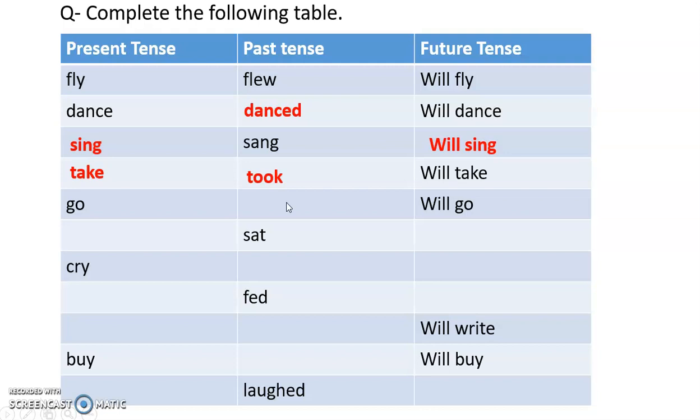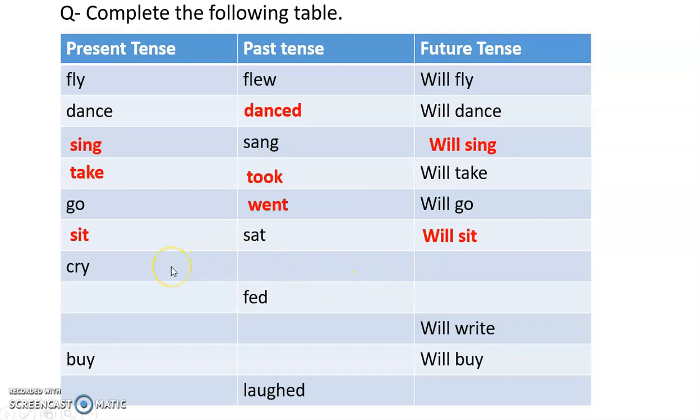Yes, very good. The past tense is went. Go, went, will go. Next, present tense not given, past tense is sat. So what is the present tense of sat? The present tense of sat is sit, sat, and the future is will sit.